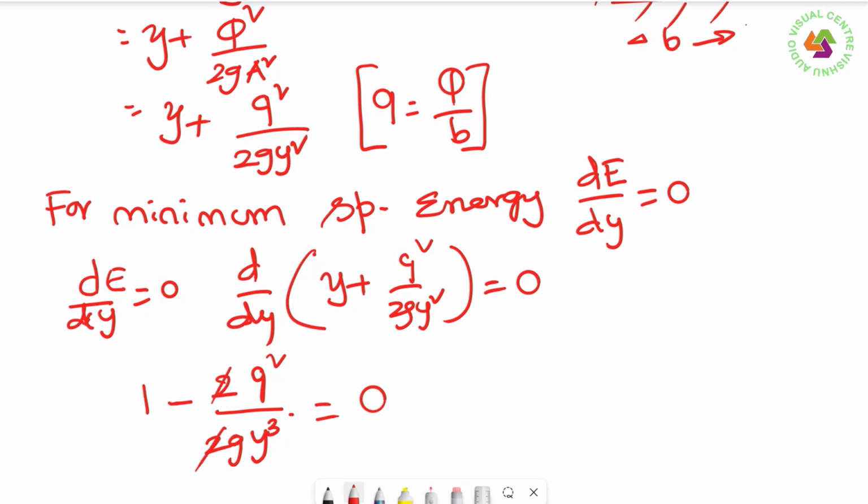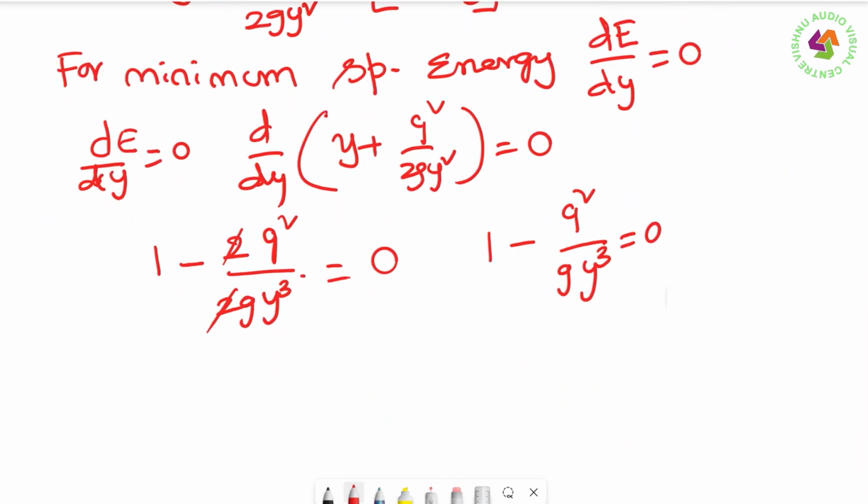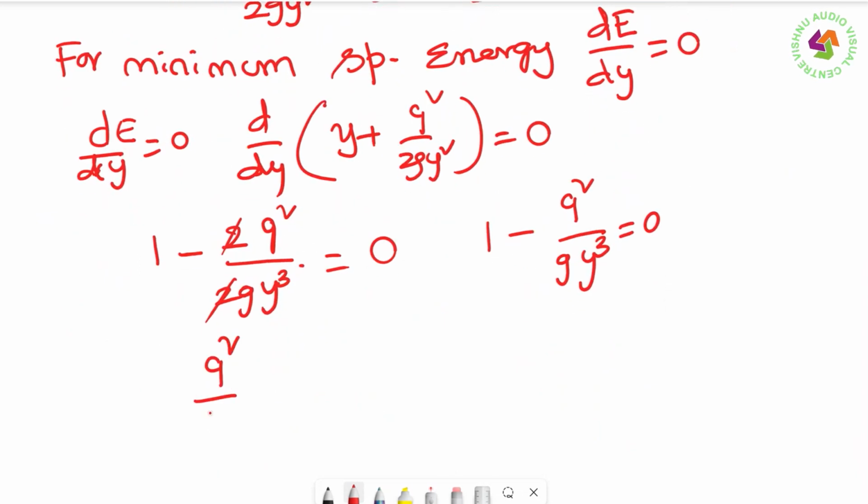So the 2 will cancel: 1 minus q squared by g y cubed is equal to 0.